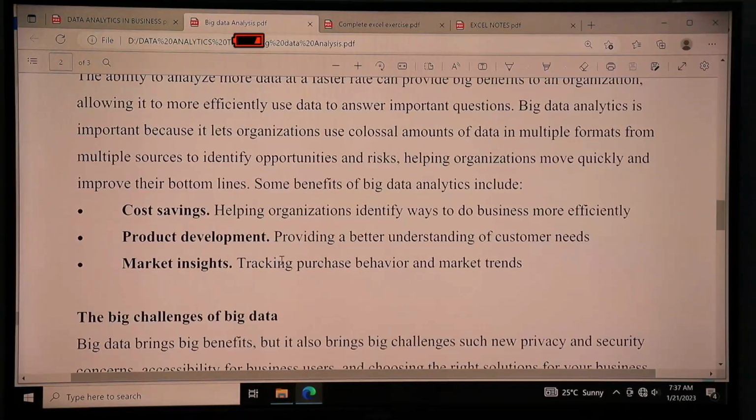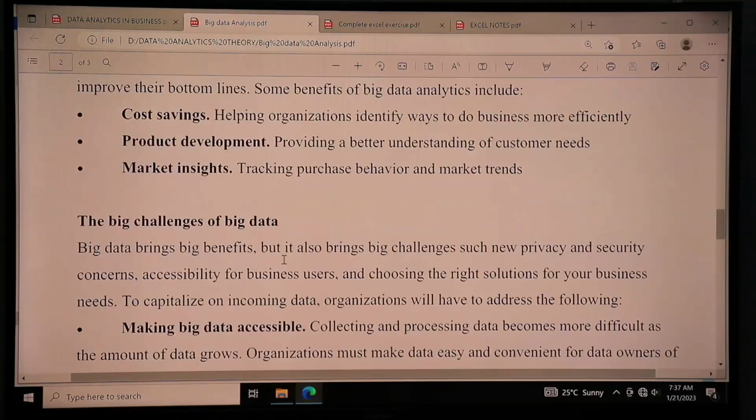So it has some challenges too. Big data brings big benefits, though it also has big challenges, especially problems with privacy, security concerns, accessibility for business users, and choosing the right solution for your business where you are given so many to choose from.